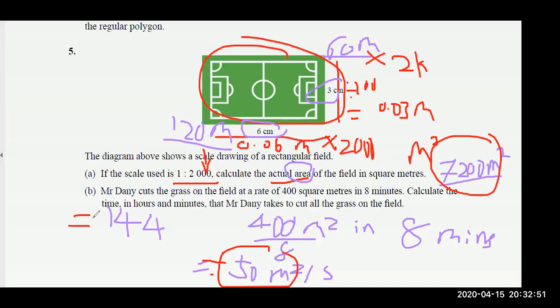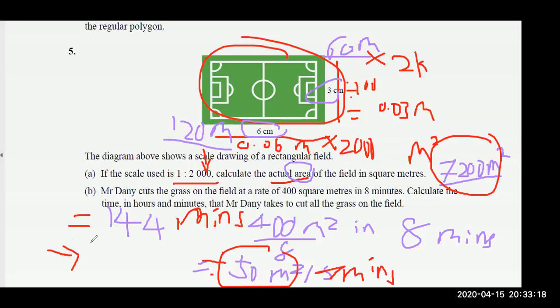144, yeah. Okay, this one is minutes, right? I wrote wrong, this one is minutes. So the answer, this 144 is minutes. So you need to change to hours and minutes. So 1 hour equal to 60 minutes.